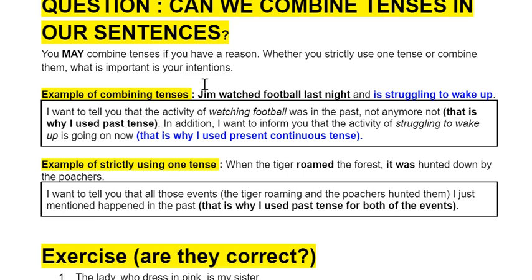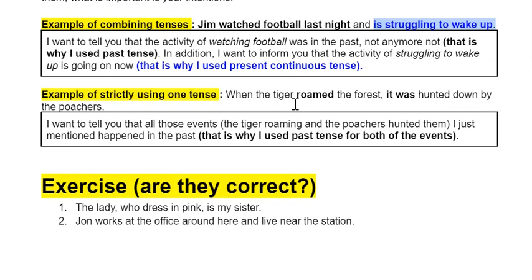That's why I use past tense for this. In addition, I want to inform you that the activity of struggling to wake up is going on now. This one is happening right now. That's why I use present continuous tense. So it is okay for you to combine tenses. It is also okay for you to strictly use one tense. But remember, you have to have a reason.